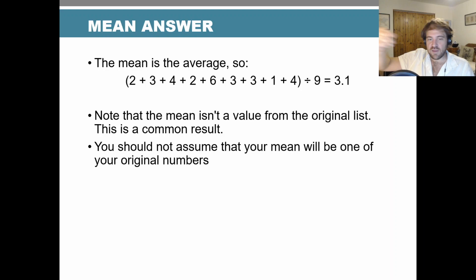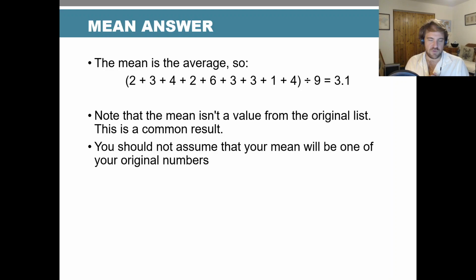That's not a value that's in the original list. Like we only have whole numbers in that list, no decimals. And that's fine. That's totally normal. An average will likely be a decimal. It just often happens. You shouldn't assume that it's going to be one of the original numbers there.